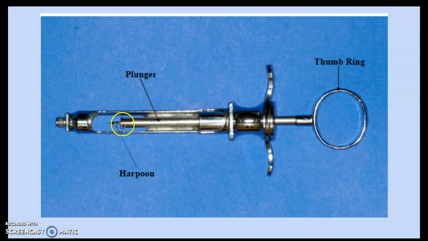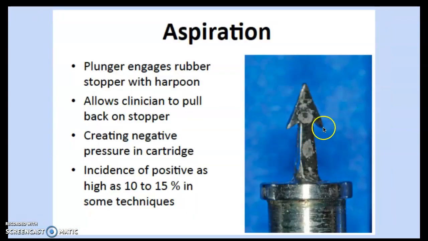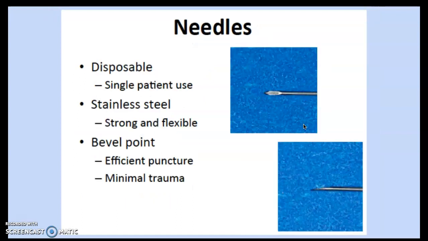We have a plunger, a harpoon, and a thumb ring. For aspiration, a plunger engages the rubber stopper with the harpoon. This allows the clinician to pull back, creating negative pressure. The incidence of positive aspiration is as high as 10 to 15% in some techniques, so it's very important for you to aspirate.